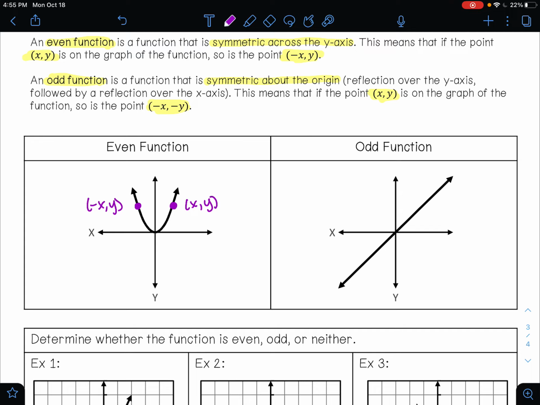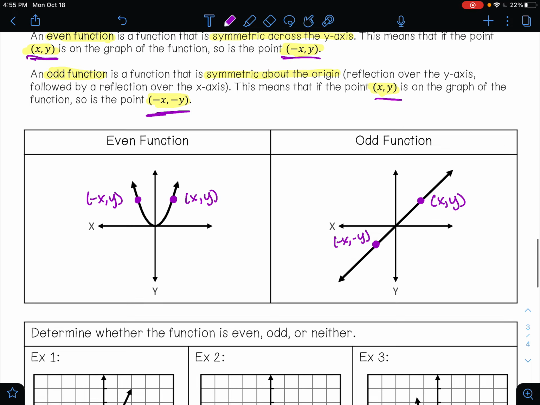And then over here, if this is the point (x, y), then this is the point (-x, -y), making it odd. You can either imagine doing the reflections to figure out if it's even or odd, but most students find it easier to just apply the rules that are given to see if it is even or odd that way when you are given a graph.